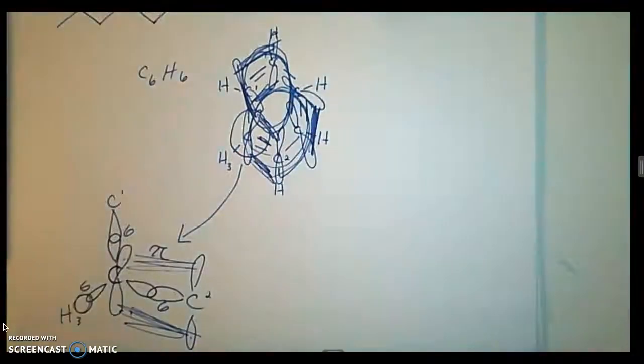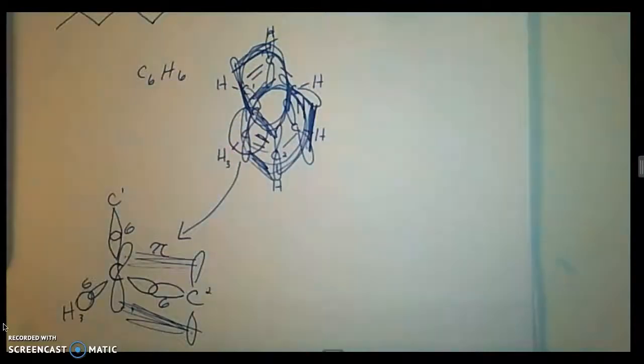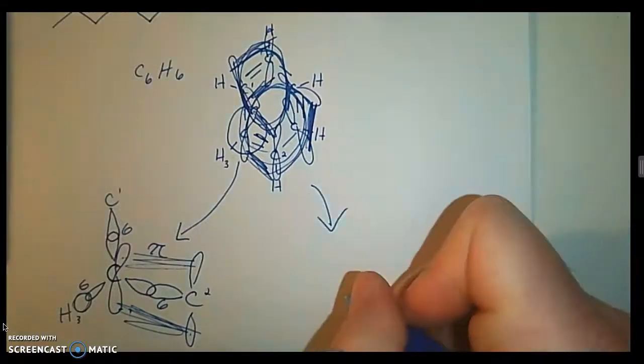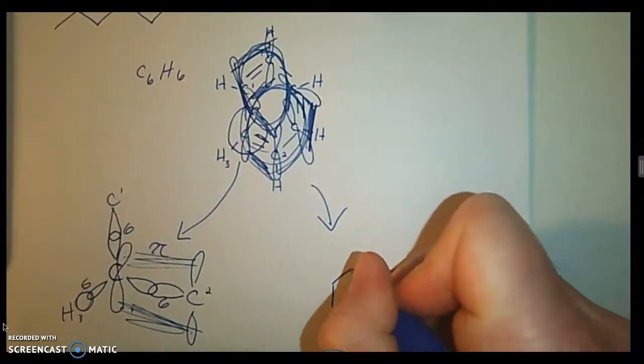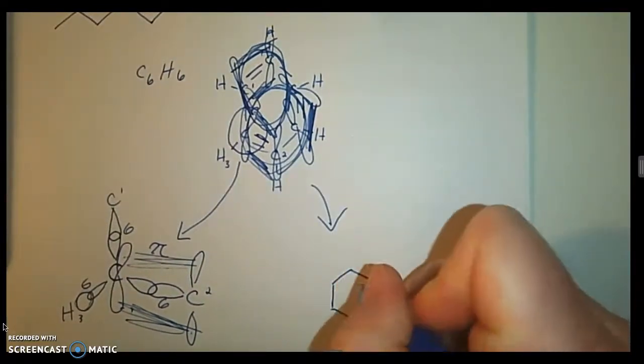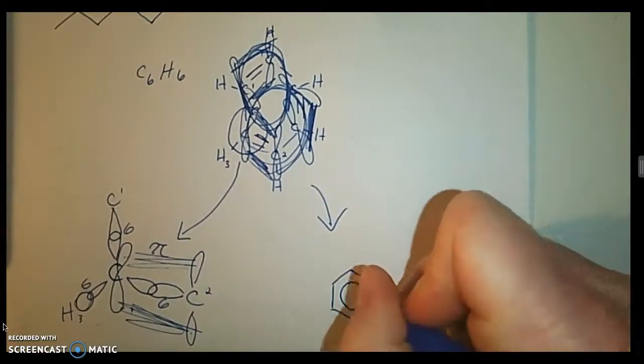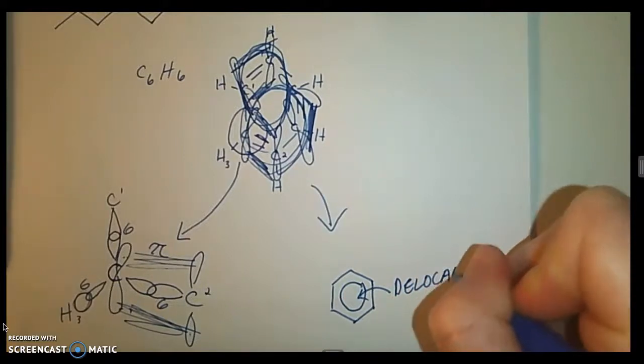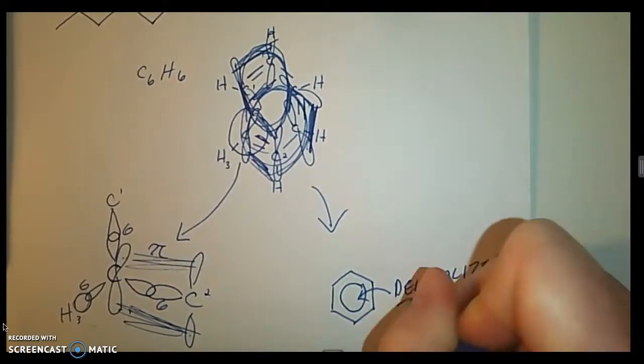Okay? So the electrons can travel anywhere throughout the molecule in this network of p orbitals. Okay? And that is why we often see benzene represented like this, a nice hexagon with just a ring in the middle, because this represents the delocalized electrons.